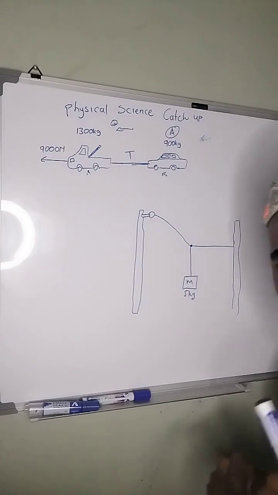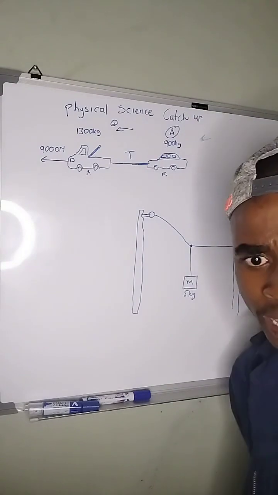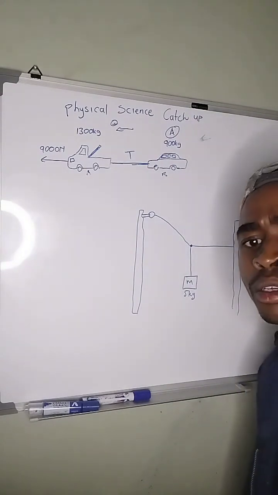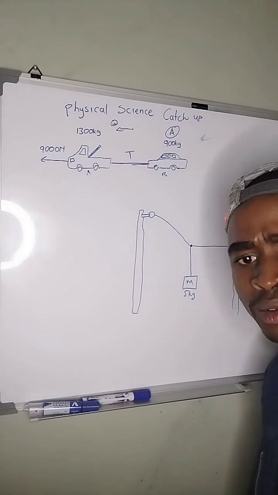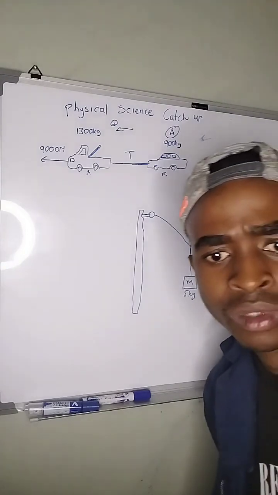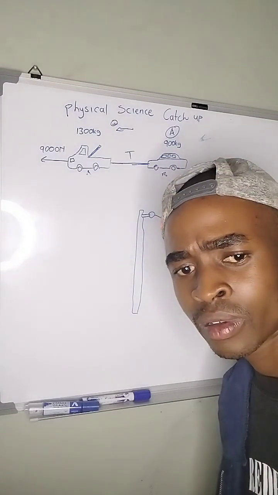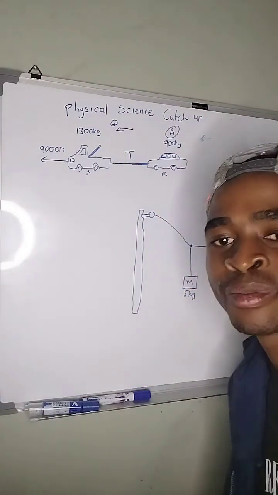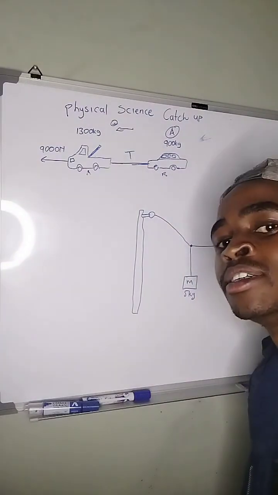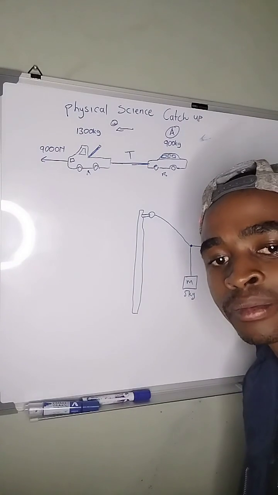So you see, do we have normal here? Do we have normal? We don't have normal. Why is there no normal in this case?